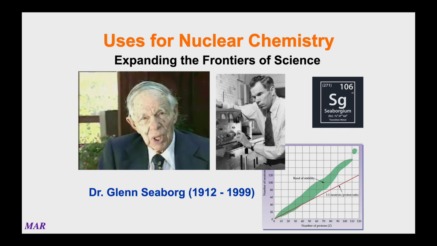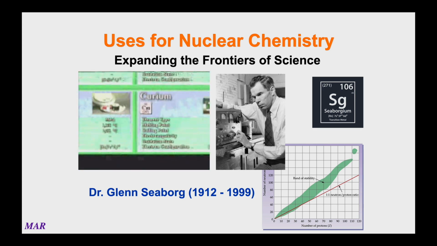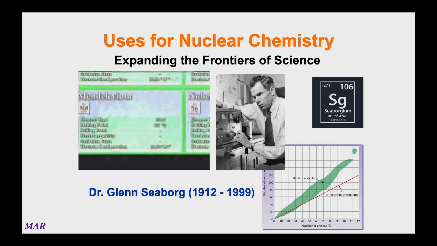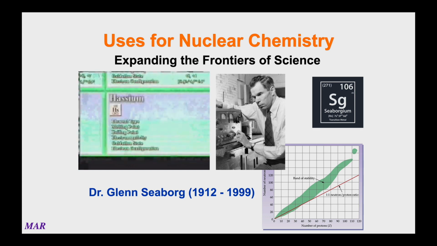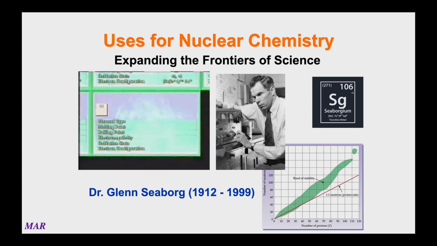Actually, a total of 20 transuranium elements have been synthesized since that first synthesis of elements 93 and 94 in 1940 and 41, so that now we're up to element 112.